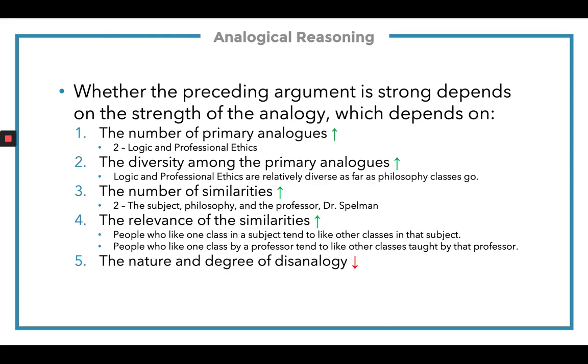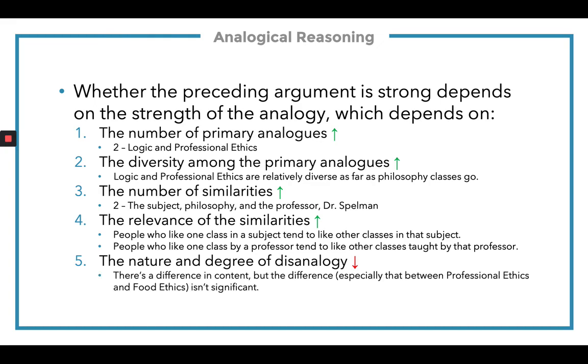Now, the other thing we're looking for is the nature and degree of disanalogy. The greater the degree, the more relevant the nature, the weaker the analogy is. While there's a difference in content between food ethics and some of these other courses, the difference isn't especially significant.